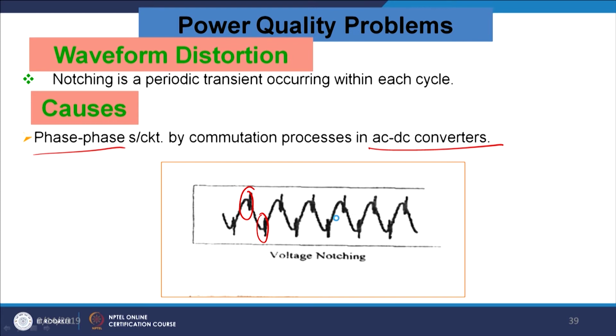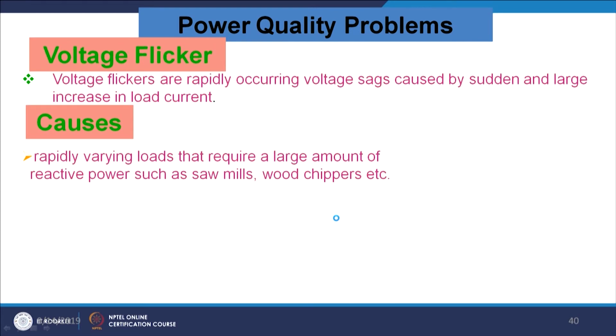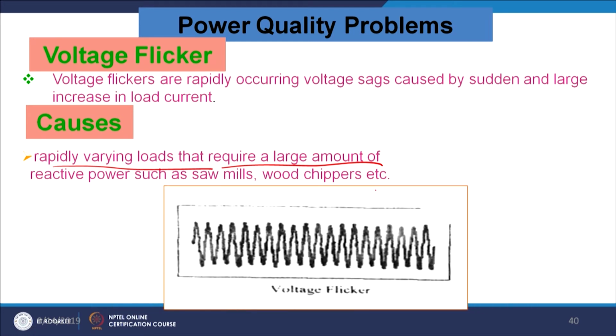So, that we have, and similarly we can have flicker. These are rapidly occurring voltage variations caused by sudden large changes of the load, definitely due to rapidly varying loads that require a large amount of reactive power, such as a sawmill, wood chipper, etc., and we have this kind of flicker problem all of a sudden.